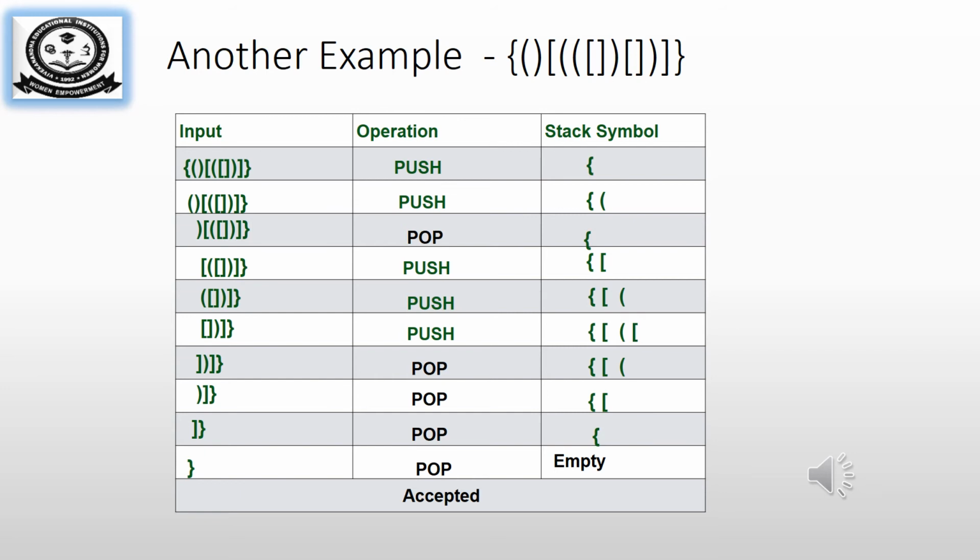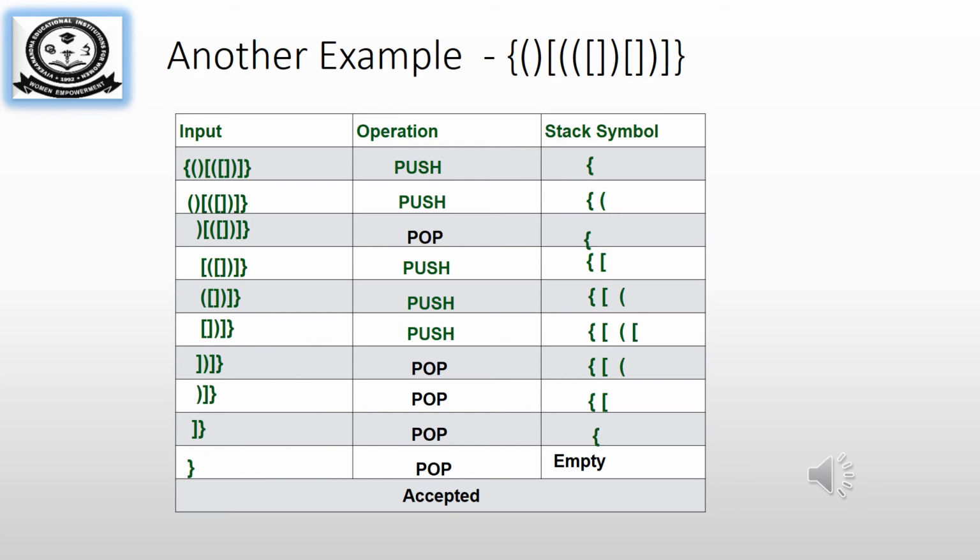The second operand is an open parenthesis, which is also pushed. The third is a closing parenthesis, so you pop a symbol from the stack. What is popped must be of the same type as the closing parenthesis. Here we pop an open parenthesis and the current operand is a closing parenthesis, so both are cancelled. Then we go to the next operand.